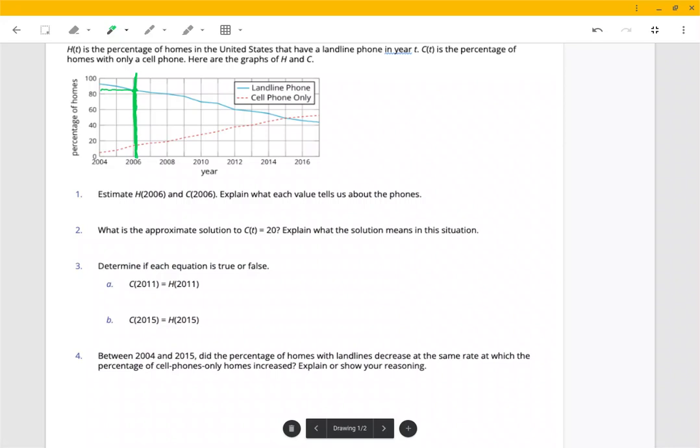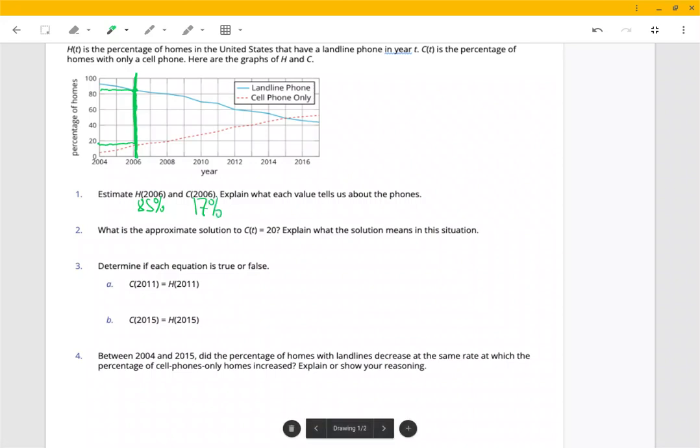And then if we look for cell phones, it looks like it's just below 20. So maybe 17 or 18 percent had cell phones. So landline was, we'll estimate like 84, 85%. Okay. And C, which is cell phone only and no landline, we'll say like 17 or 18%.